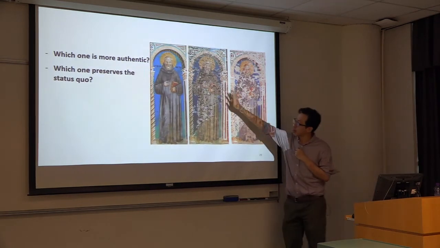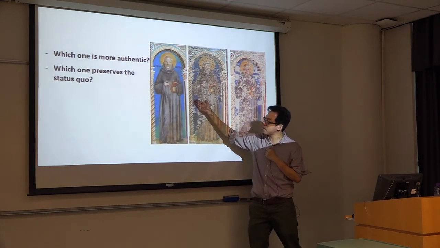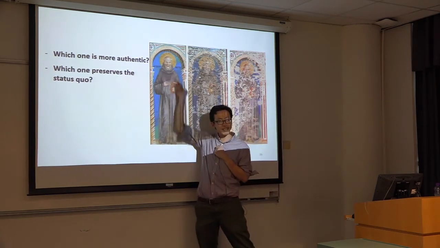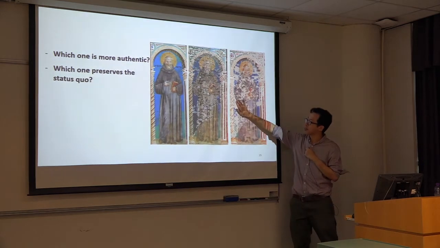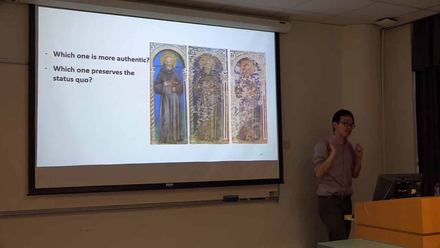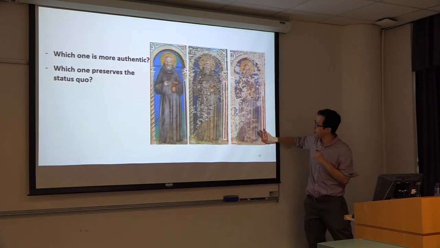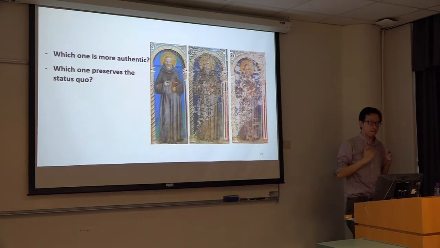This is the current status. We can try to analyze the pigments and redraw the whole thing like that. Also, we can just skip the part that is already missing, just leave it there, but conserve the part here that is still preserved.